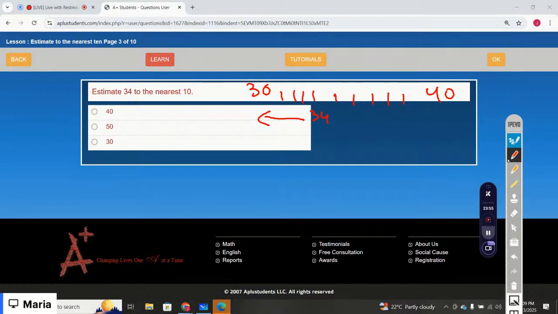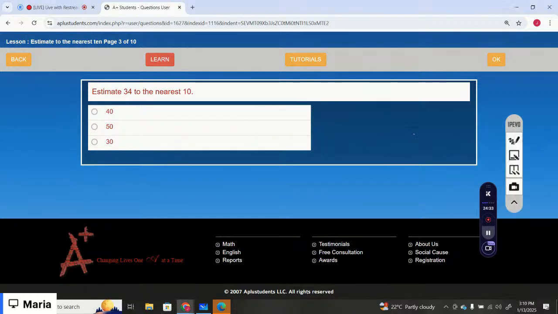So it would be estimated to 30. Option number 3 is the correct option.